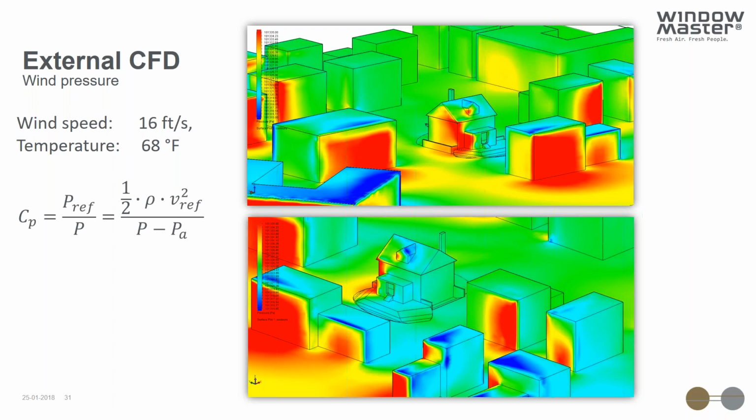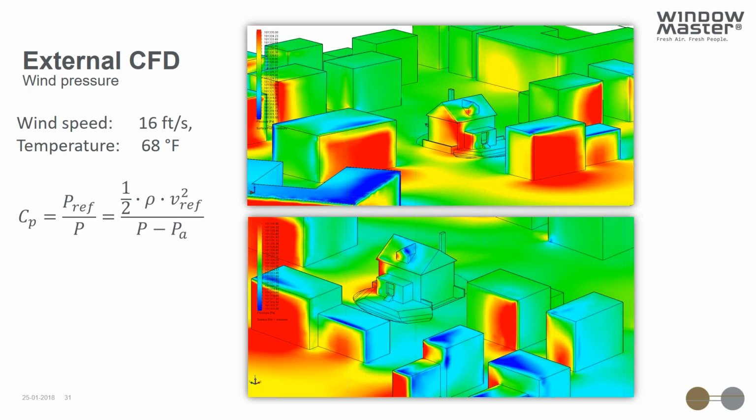So when we have found them for every window opening on the building, they will not change depending on the wind speed, because they are really expressing the relationship between the maximum wind pressure you can experience at a certain wind speed and the actual wind pressure that is experienced on the facade.